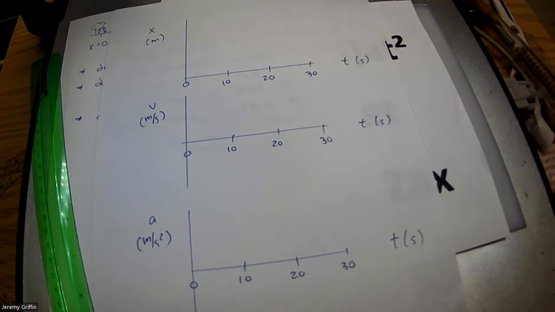If you need some hints, this is a bit more basic than dropping a ball off a cliff, because constant velocity is the same thing as zero acceleration. That might be a big hint there. There are a couple of little tricky things to these graphs, but let's see how you guys do.